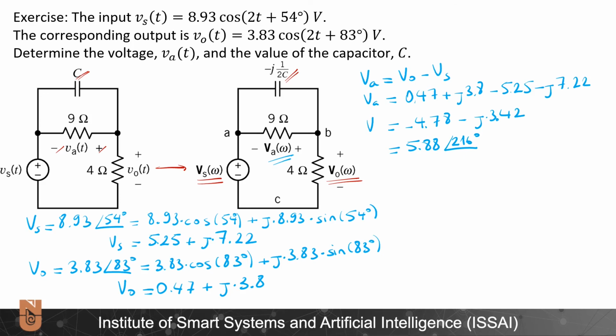So I found the phasor for VA both in rectangular and polar forms.